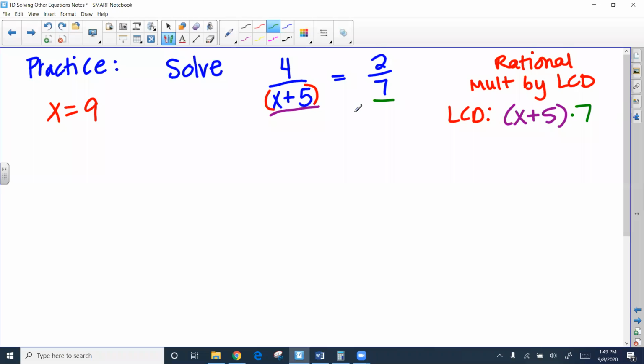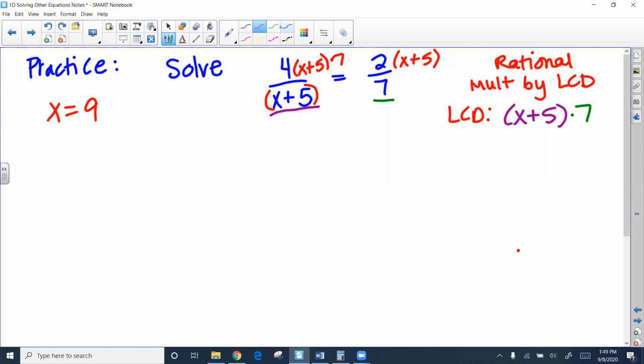So in this case, if our denominators don't have any common factor, we just use both, x plus 5 and 7. So once we know the LCD, then I need to multiply everything by the LCD. So I'm going to multiply the left side by x plus 5 times 7. And I'm also going to multiply the right side times x plus 5 times 7.